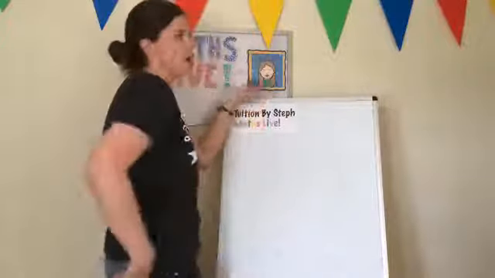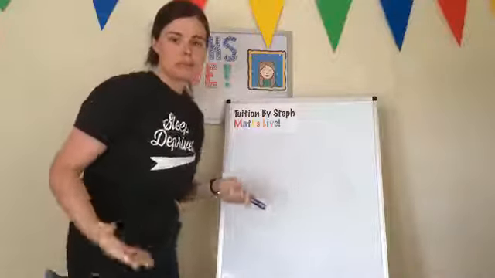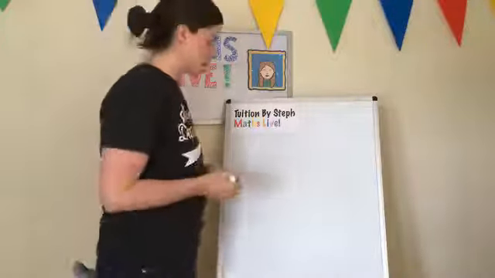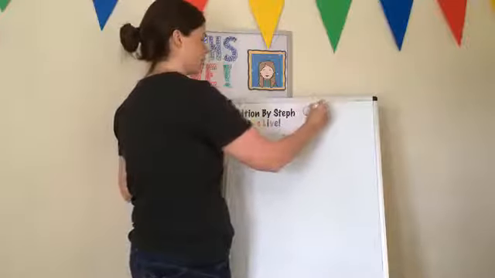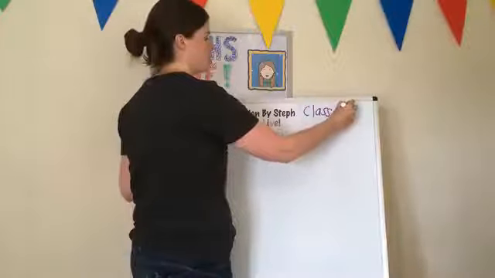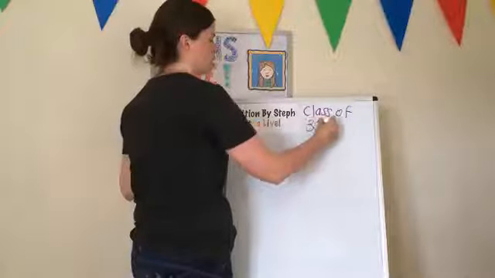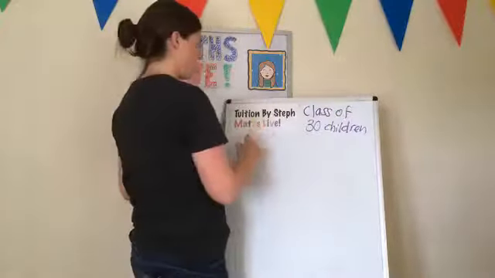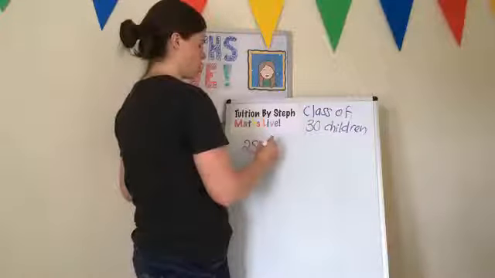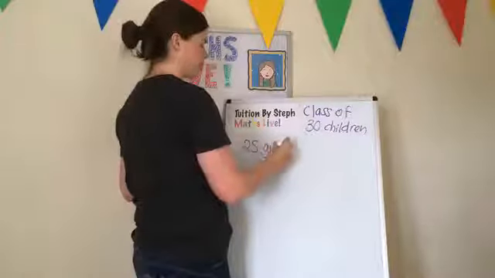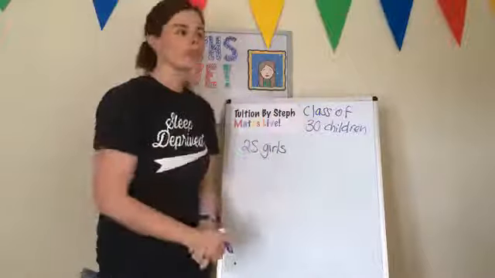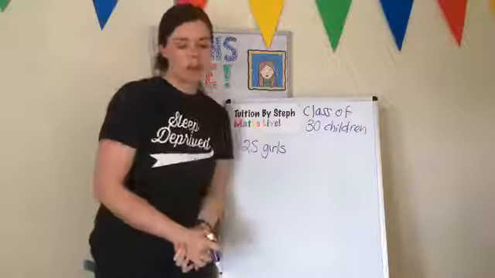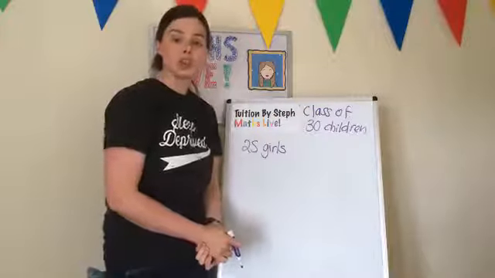Okay. Going back to the numbers, I'll give you another example. In a class of 30 children, 25 of those children are girls. And the question might be, what is the ratio of boys to girls?